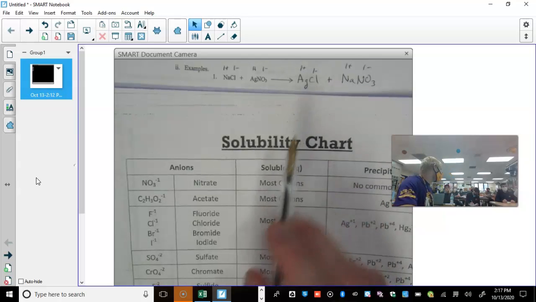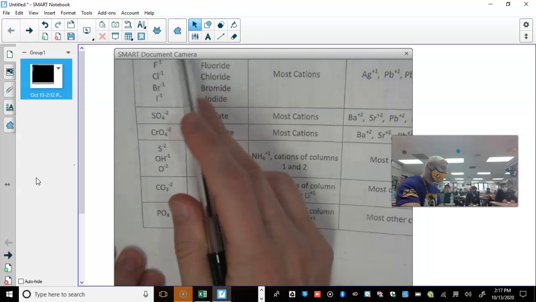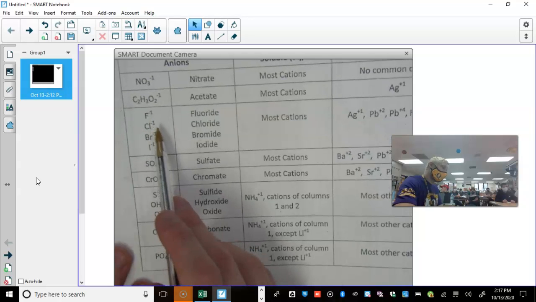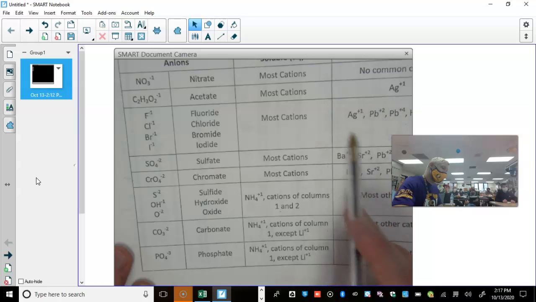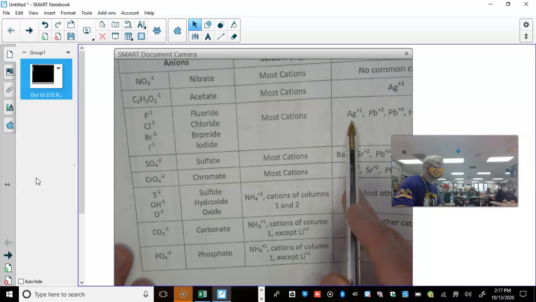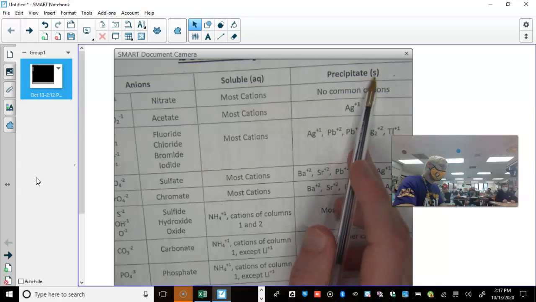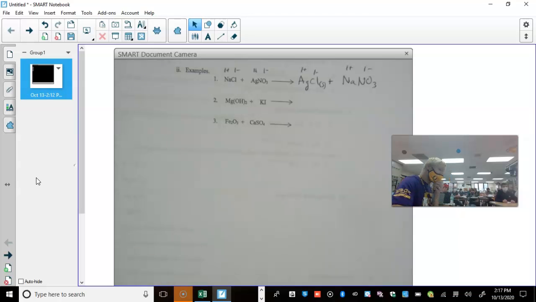I want to figure out, is that a solid or aqueous? So silver chloride. I got to look at the anion chloride, which is right here. And then I got to look at, is silver found anywhere in here? Yes, it is. It's right there. So it falls under the solid category. So silver chloride is solid.